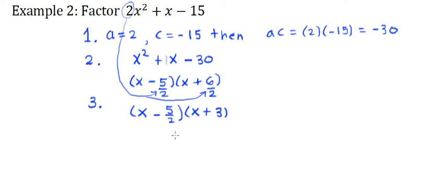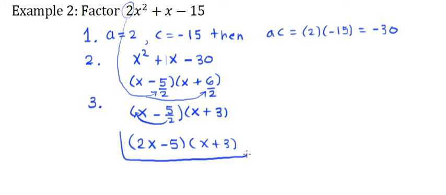So this is in simplified form. Now we notice that there is this denominator left, so simply put this number 2 up front. And there we have the answer, the factorization of 2x squared plus x minus 15.